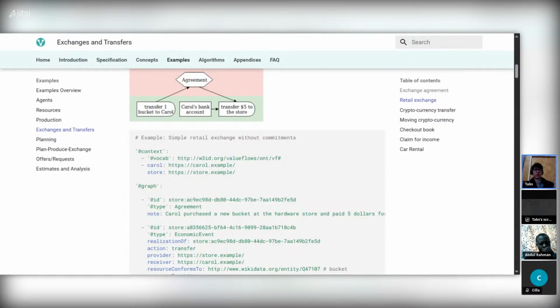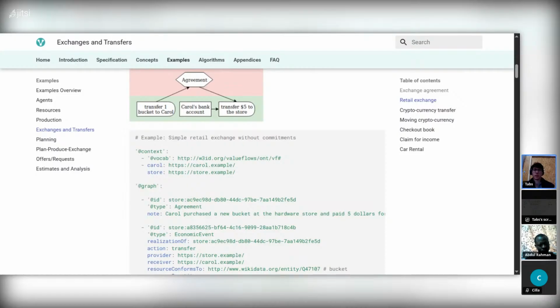They refer to this value flows framework to specify how they think about contracts. So I regard Holochain very highly, and because they use this, that's why I came to use this as well.